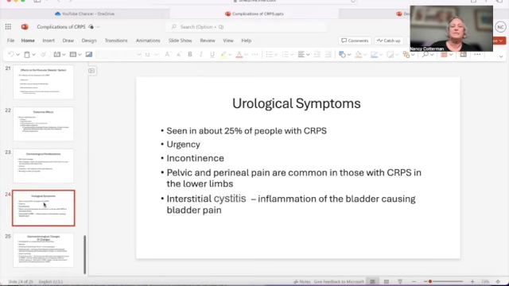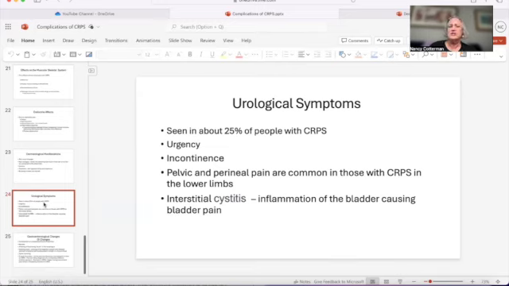Neurologic symptoms seen in about 25% of people with CRPS. They have urgency, incontinence, pelvic and perineal pain are common in those with CRPS of the lower limbs. Interstitial cystitis, which is inflammation of the bladder causing bladder pain.